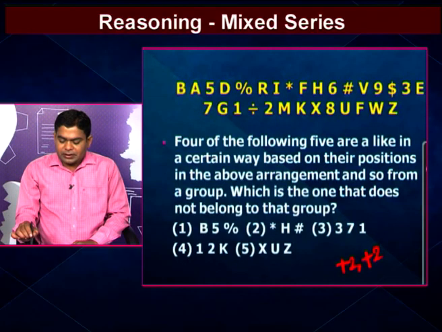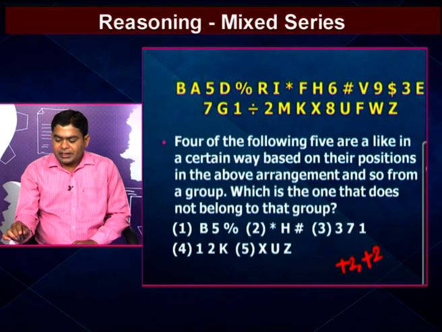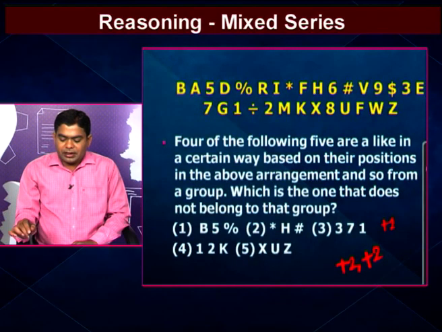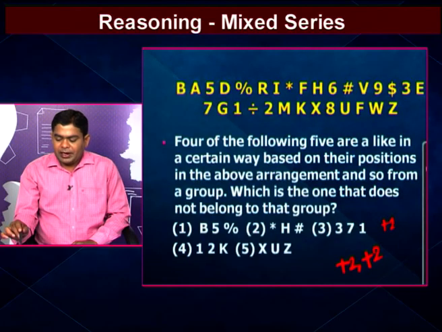Again we go to the next option, that one is star H hash. Here in the given series star is there, H is there, that means in between star and H one element is there, so the second element of star is H, that means again plus 2. After that H is there, hash is there. The second element of H is hash, that means here the rule is also plus 2.